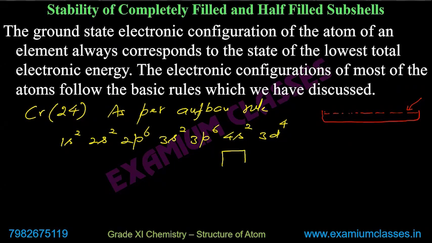In a few cases, the last three, and we will talk about that when we consider that. And 4 electrons here will be. So please show the diagram once again. Okay, just a second.